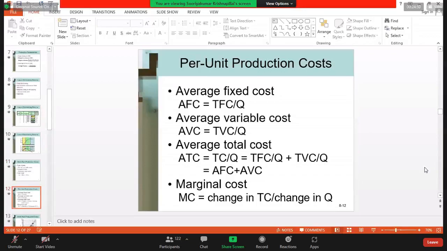Initially it will decline sharply. When you divide the fixed cost by the number of units, first you can see a big reduction in the average fixed cost. Say $100 is the fixed cost. Divided by 1 it is 100, by 2 it is 50, by 3 it is 33.3, then by 4 it is 25, then by 5 it is 20.